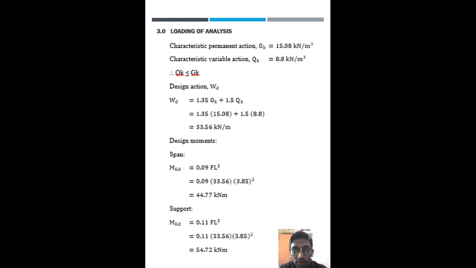And the design moment we calculate for span and support. For span we got 44.77 kilonewton meter, and for support we got 54.72 kilonewton meter. For the shear force at the outer support we got 41.37 kilonewton, and at the inner support we got 57.92 kilonewton.